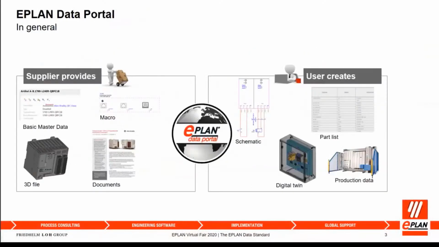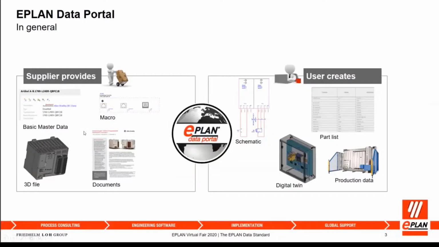As we have already heard a lot about the data portal and the new user data portal, let me recap the basic idea of the data portal as it is. The data portal is a platform between the component manufacturers and users, ePlan engineers.